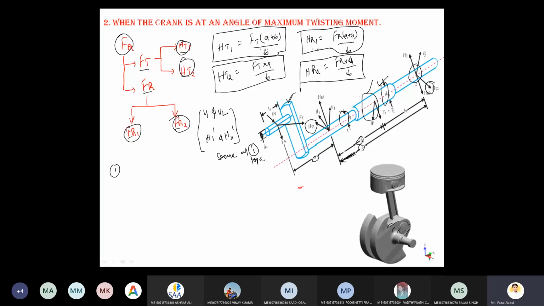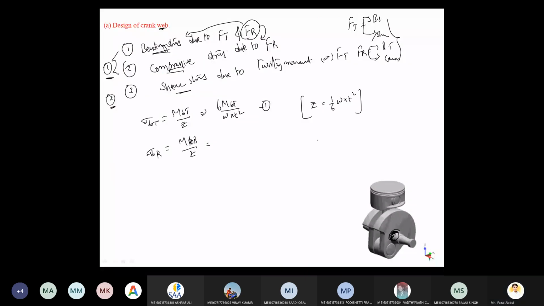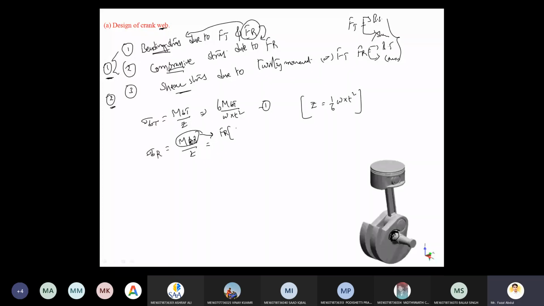See here, the radial force. Due to this, the bending moment is generating. What is that? Fr, the force in radial direction, into 0.75 into LC, length of the crank pin, plus 0.5 into T. Why am I taking 0.75?